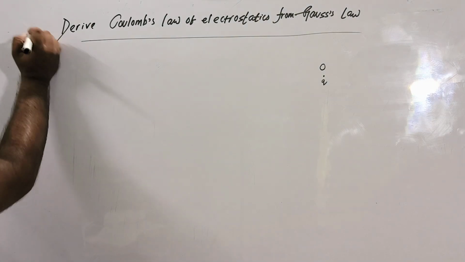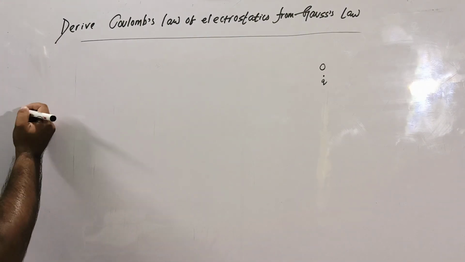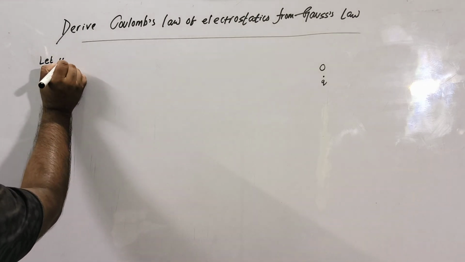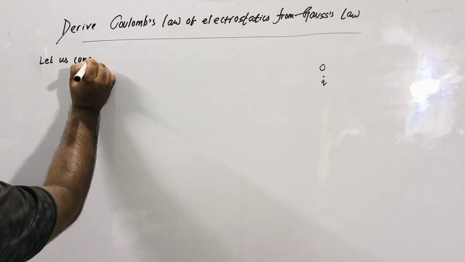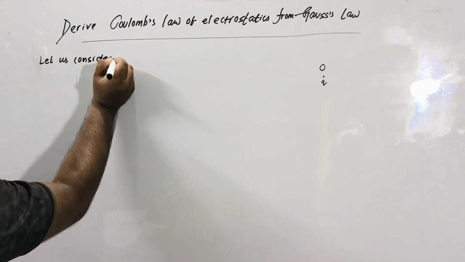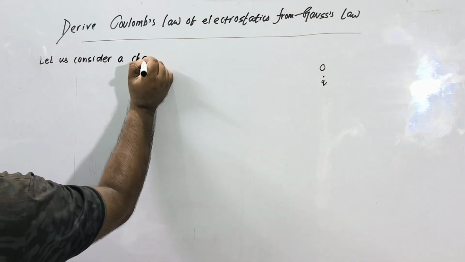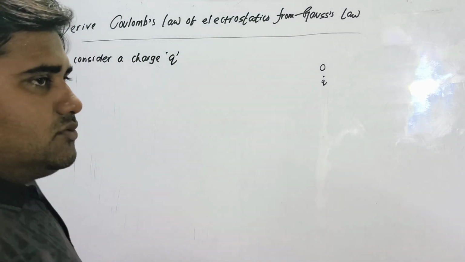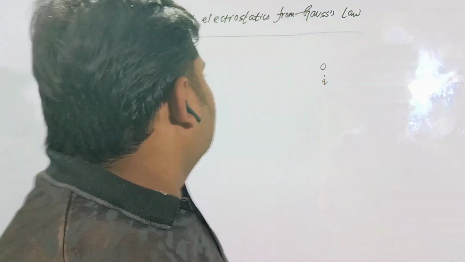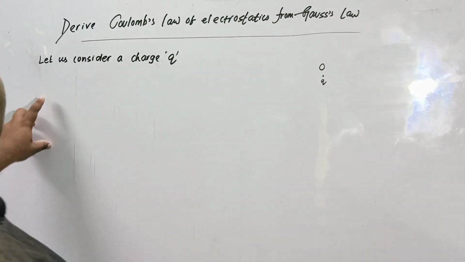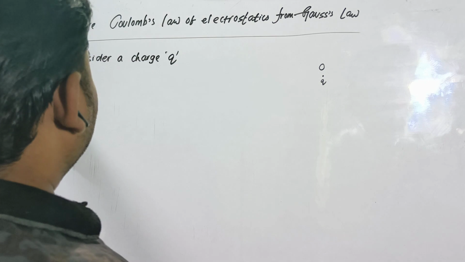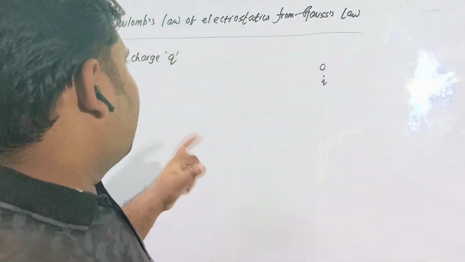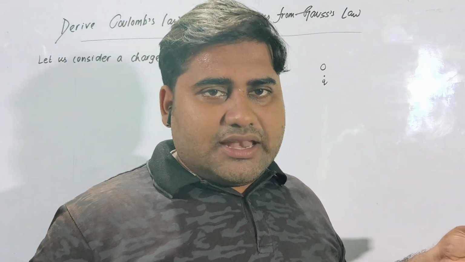As it is said to derive, you are not deriving first, so let us consider a charge Q. Why not minus Q? Because it is only an assumption. Why not minus Q and why Q? I will explain it a bit later.